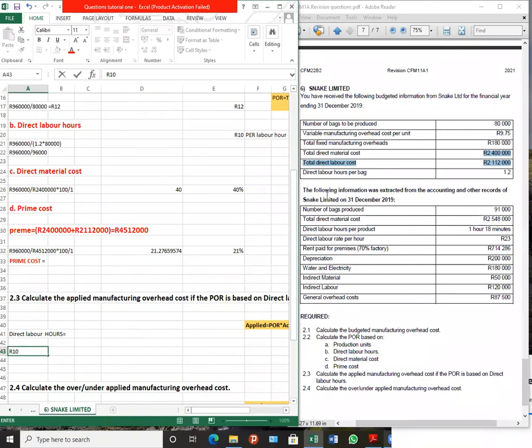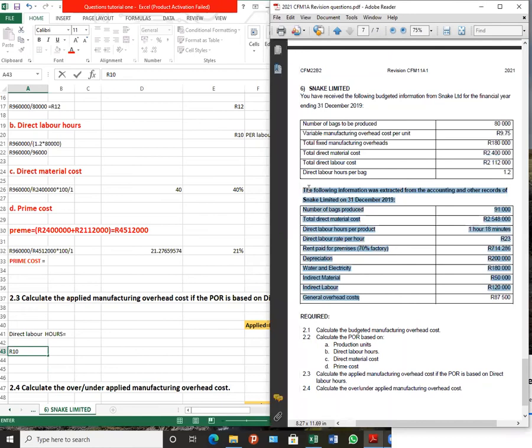Here, guys, the following information was extracted from the accounting and other records of the Snake Limited, which represents your actual information. It actually occurred. It's the actual information.